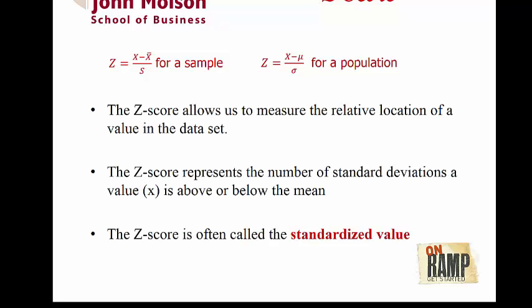So the Z-score allows us to measure the relative location of a value in the data set. As we can see from its formula, it represents the number of standard deviations a value x is above or below the mean. This Z-score is often called the standardized value.